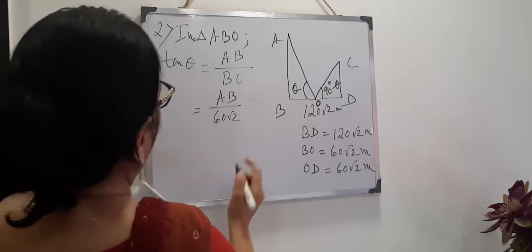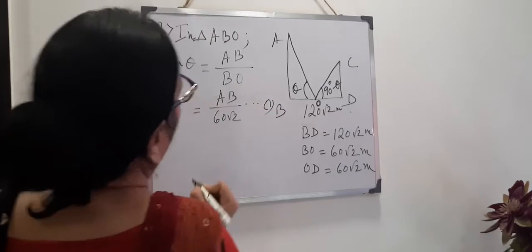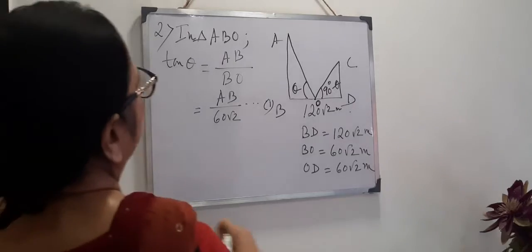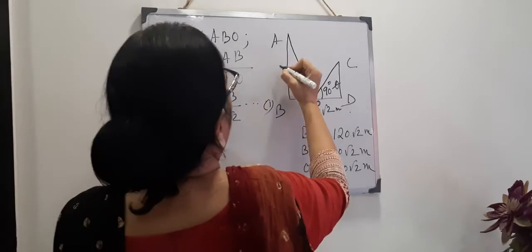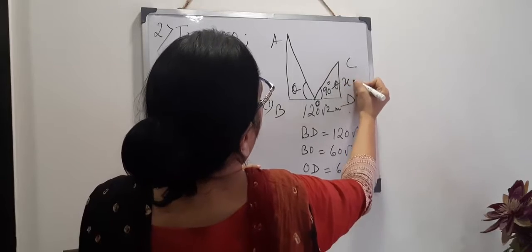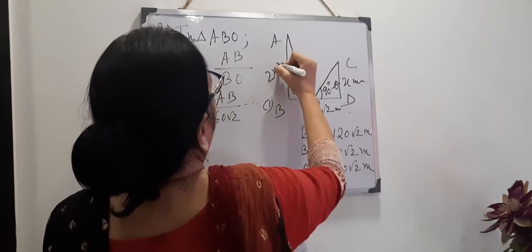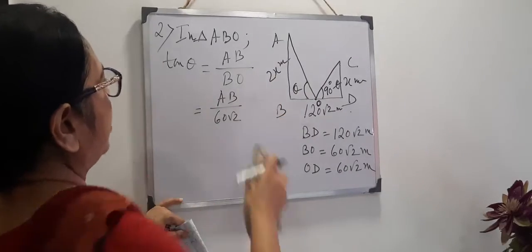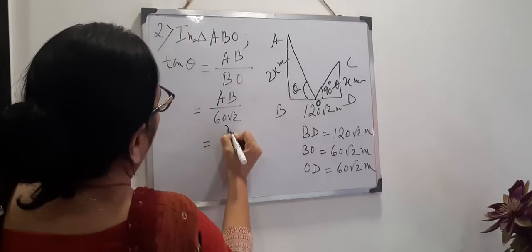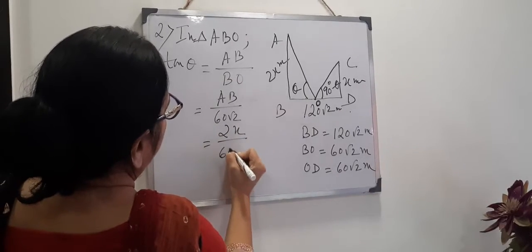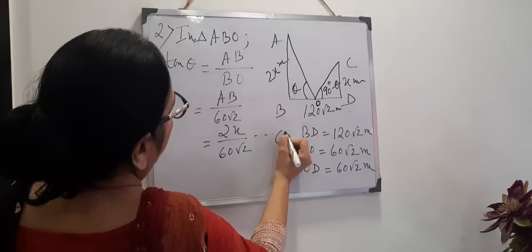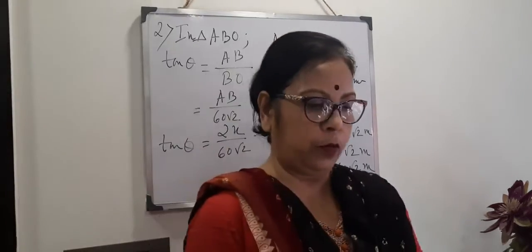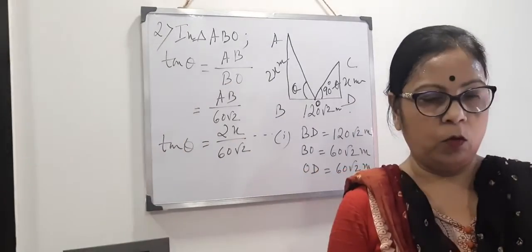Now here we may consider also, let this be x meter, so it will be 2x meter. So here in place of AB we can write 2x by 60 root 2. So tan theta equals to 2x by 60 root 2. This is my equation 1.